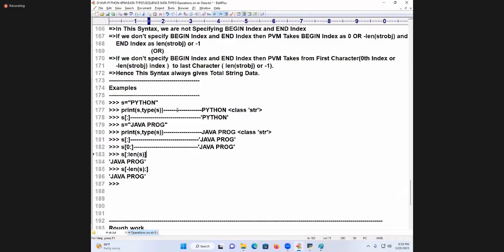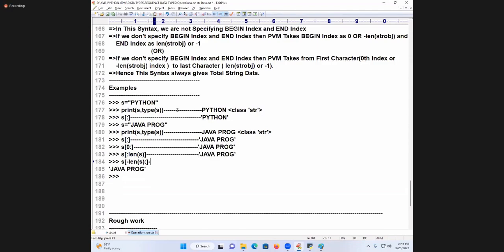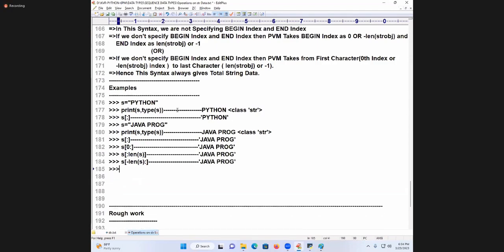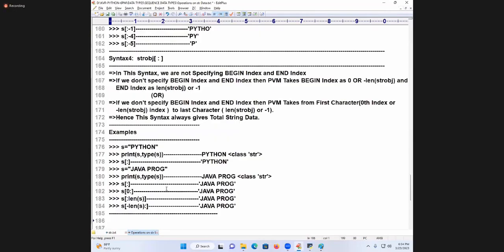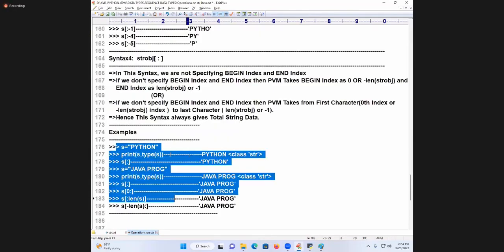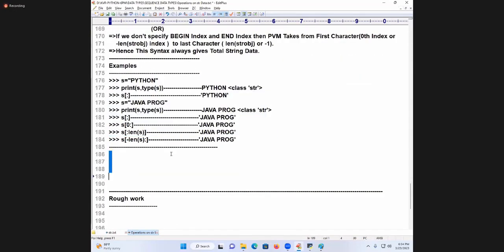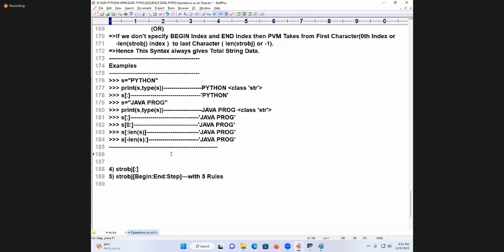Now I am going to take Java PROC. These are my values. Is it clear? Next, this is my given data available. Now I am going to come to the most powerful, most important logic. What is my next step?